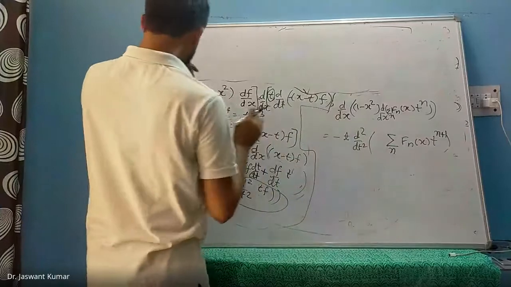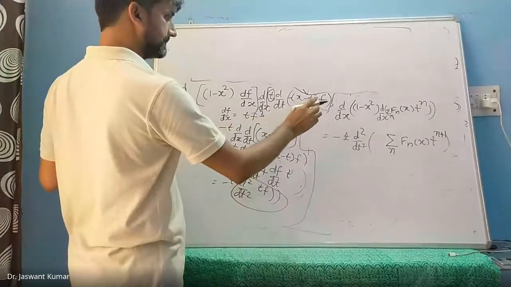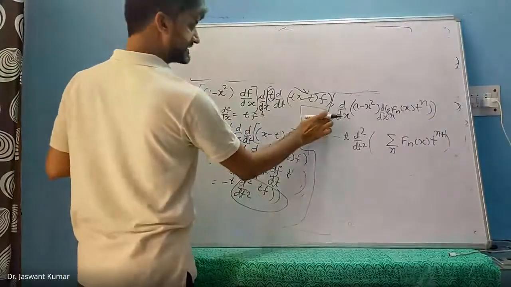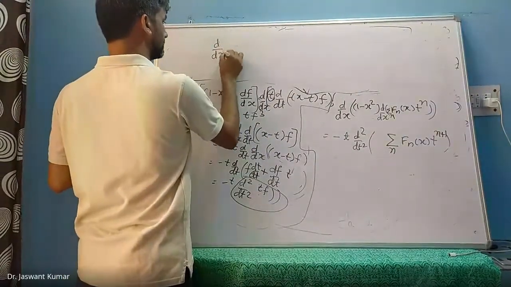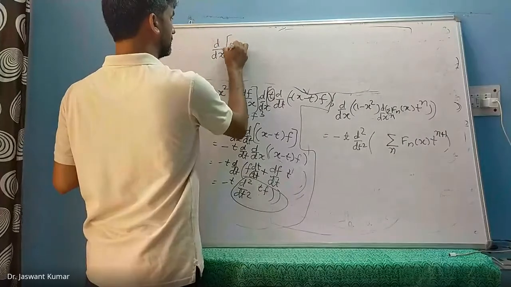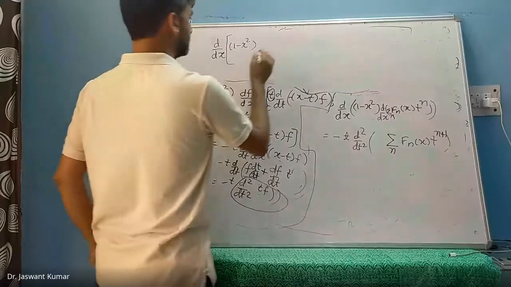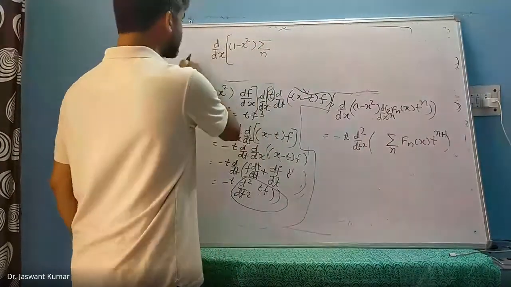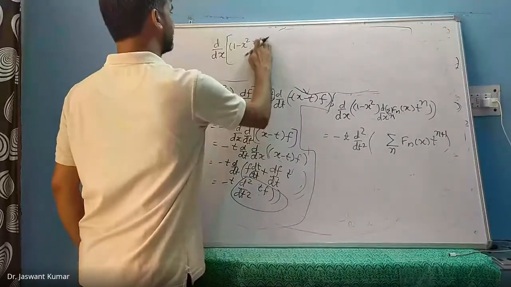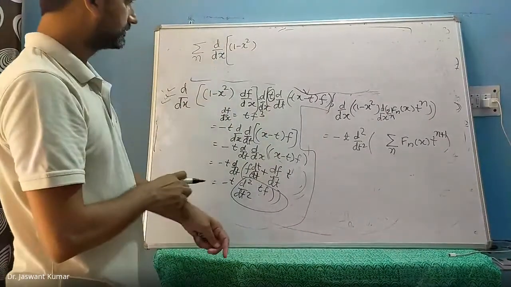So we write this equation as d by dx of 1 minus x square, summation over n. And since there is no n, this summation over n can also be written over here. Okay?